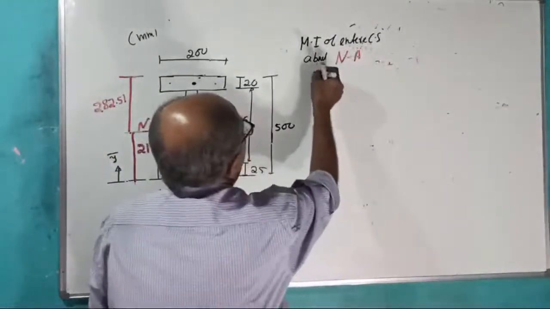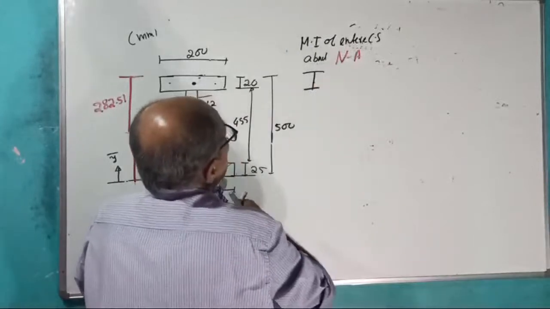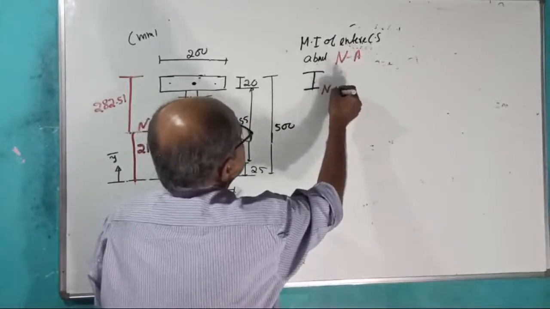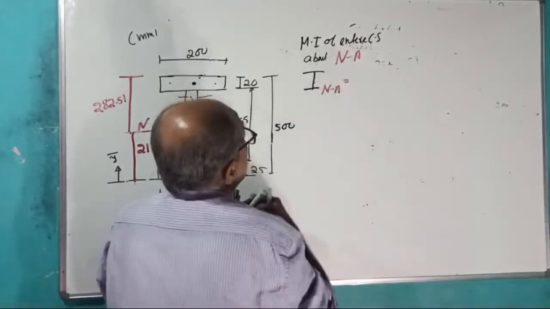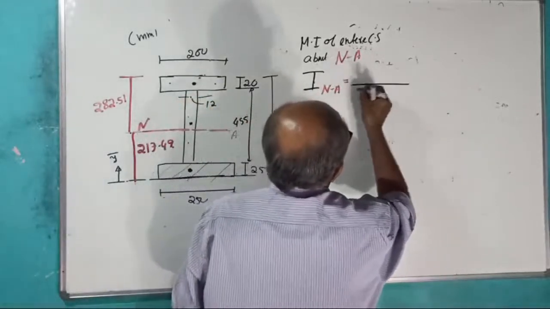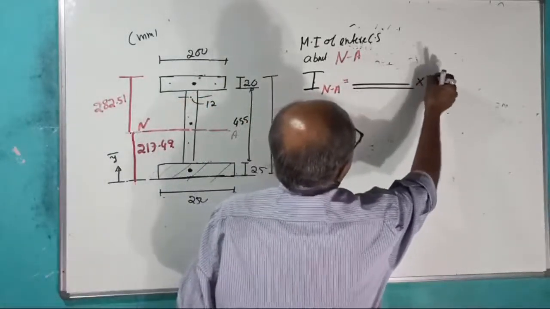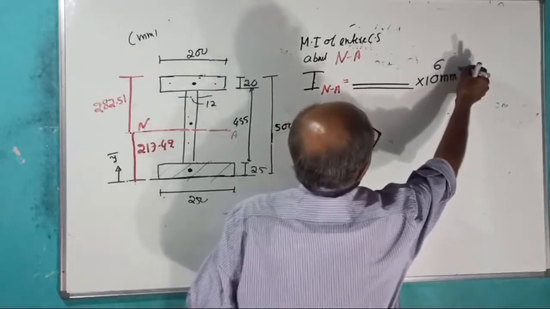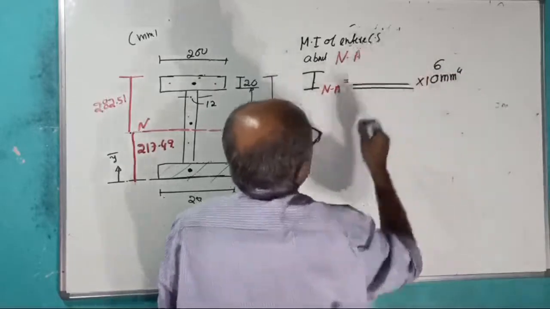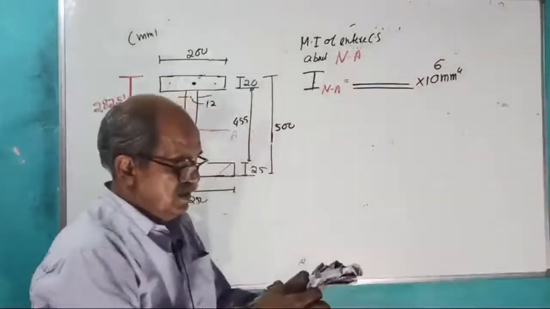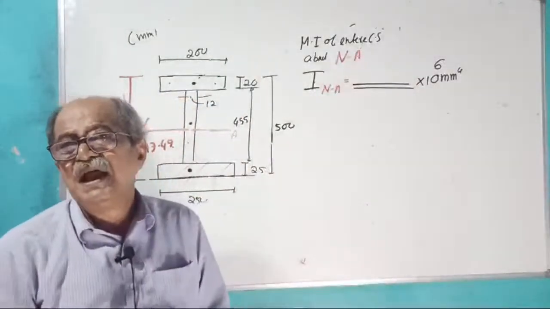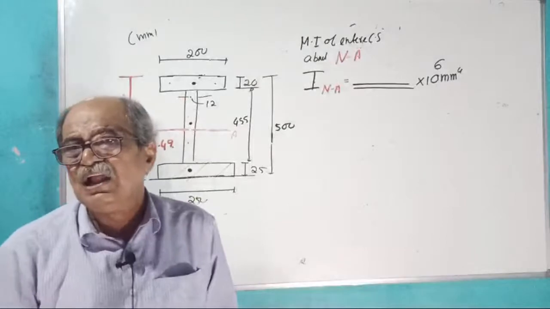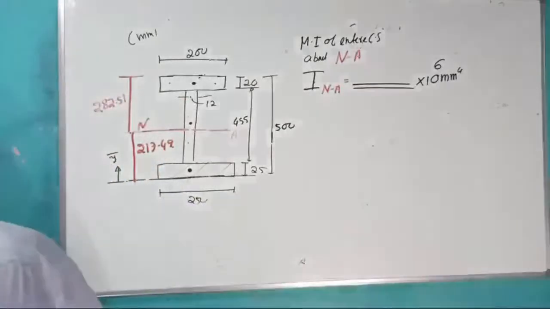That is I about the neutral axis. Get the answer in 10 to the power 6 millimeter power 4. Big number. Get the moment of inertia of the entire cross section in 10 to the power 6 millimeter power 4.